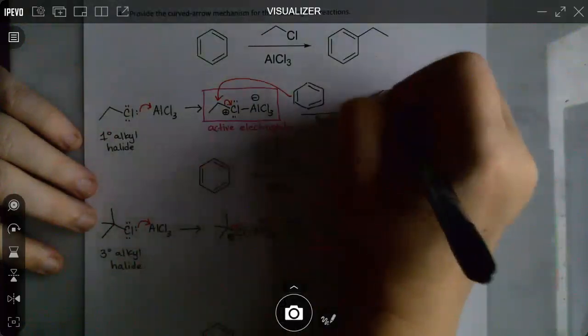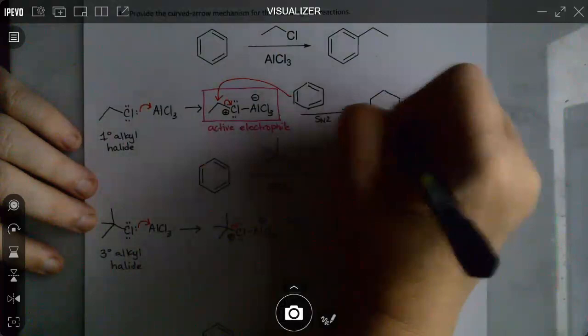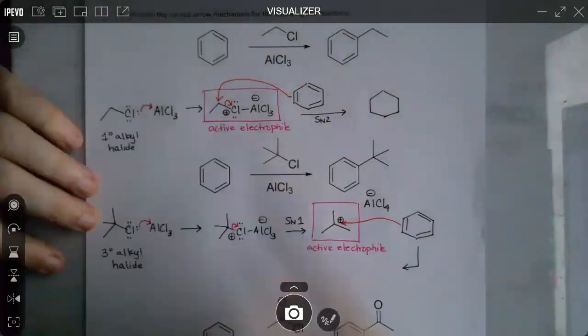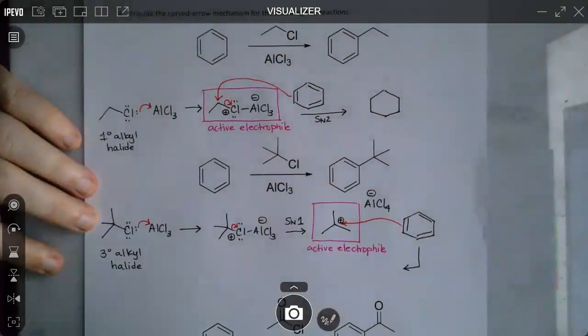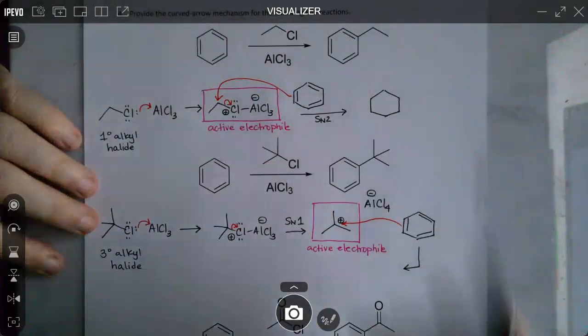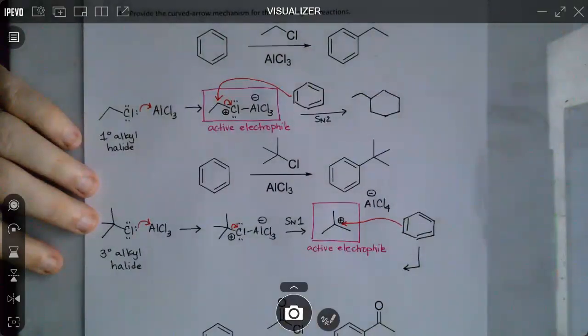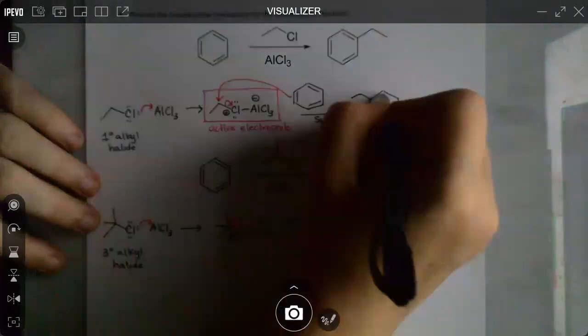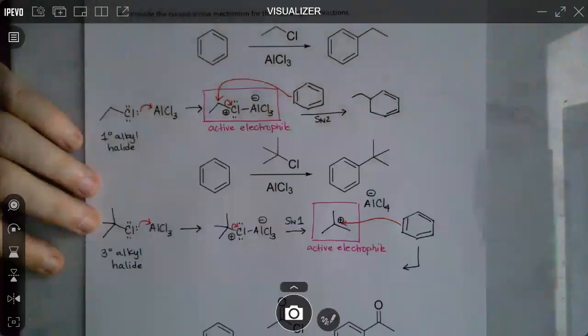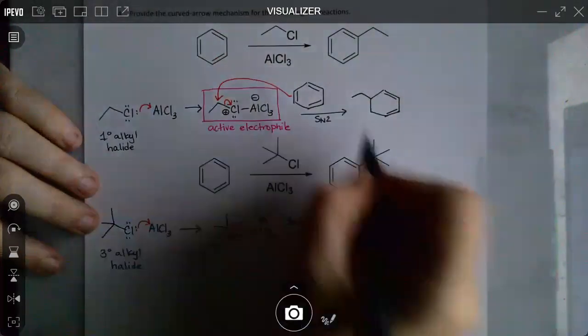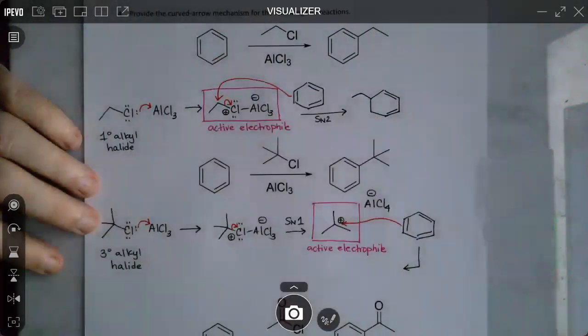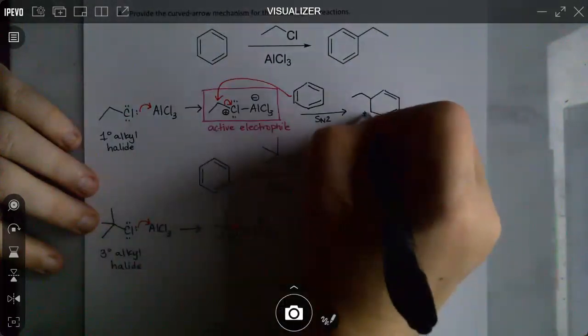We've now taken this, and it's bonded to the ethyl group. I used this pi bond, so I'll just put the ethyl group here. It doesn't matter where you put it. That means the other two pi bonds I didn't touch, and the positive charge will be on the carbon that lost the electrons, so it will be this one.